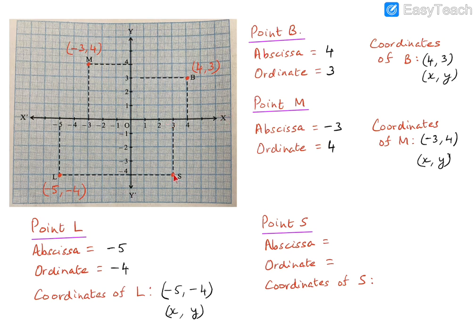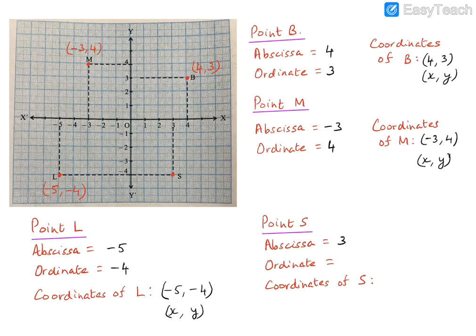So we see that's the x-axis. When we extend a line from S perpendicular to the x-axis, we see that it meets the x-axis at the number 3. So the x-coordinate for the point S is 3. The x-coordinate is also called the abscissa, so the abscissa is equal to 3.